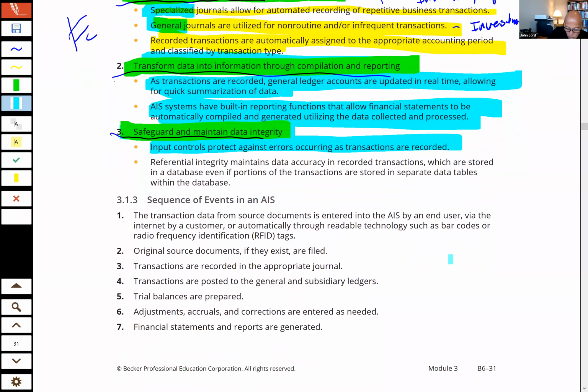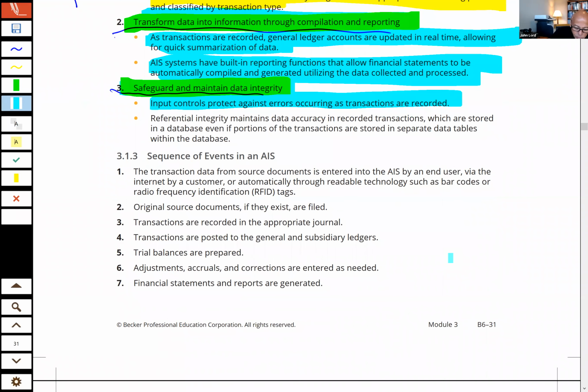Okay, good. Let's look at the sequence of events that occur in an accounting information system. And let's go ahead and I think we can flashcard these. Why not?